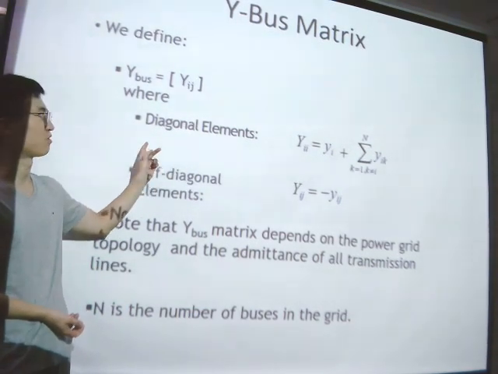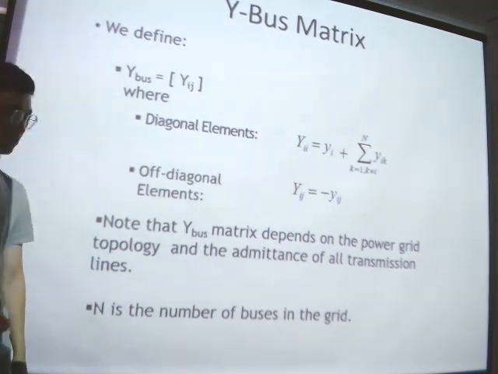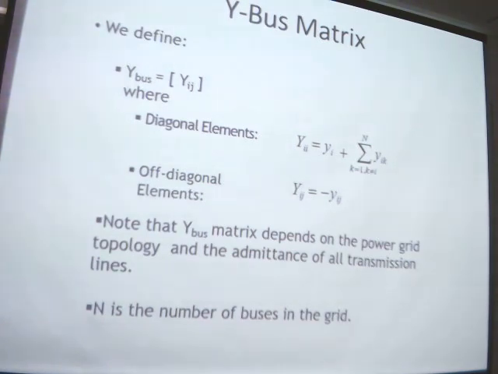The elements are called diagonal elements and off-diagonal elements. This is quite easy: YAA, YBB, YCC. For the diagonal, it is the self admittance of the bus, and the off-diagonal is the mutual admittance between buses, because it is A, B, C by A, B, C. The diagonal is the self admittance; the off-diagonal is the mutual, because they are not at the same node.